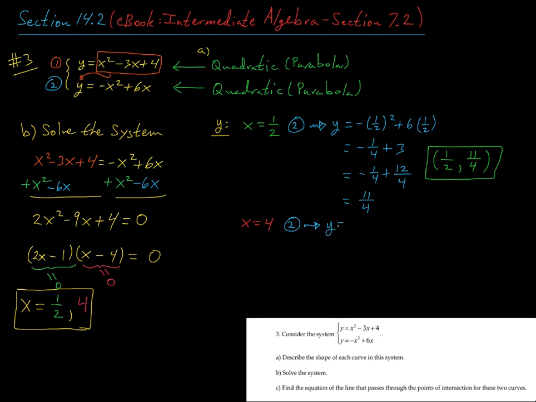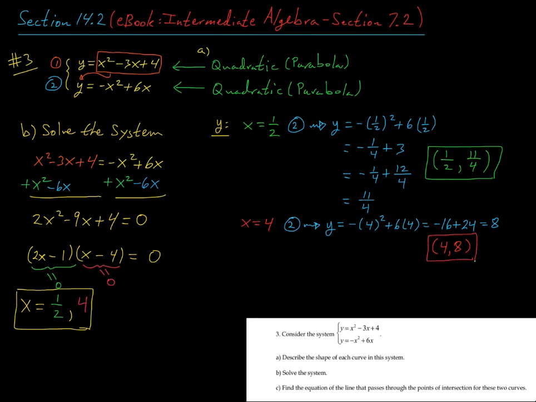So we get that y is equal to negative 4 squared plus 6 times 4. And so here, this is a negative 16 plus 24, and that is a positive 8. So this gives us the ordered pair solution 4, 8.